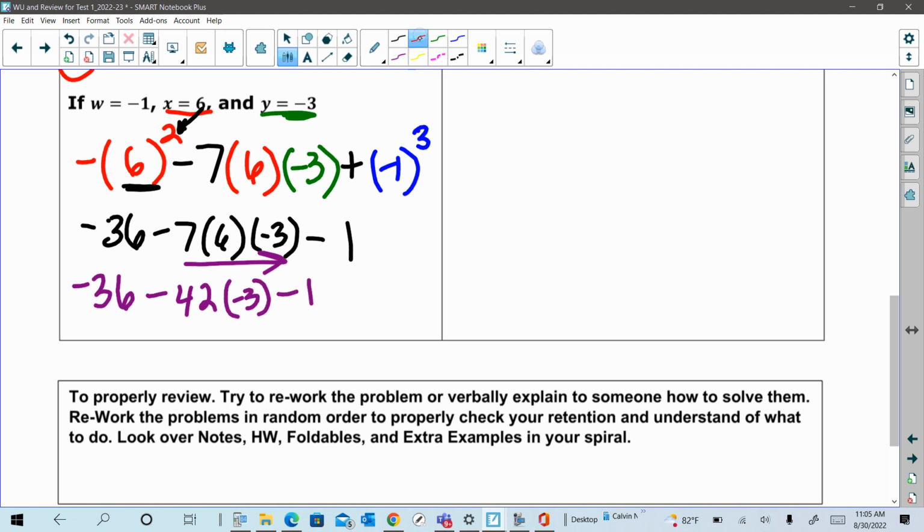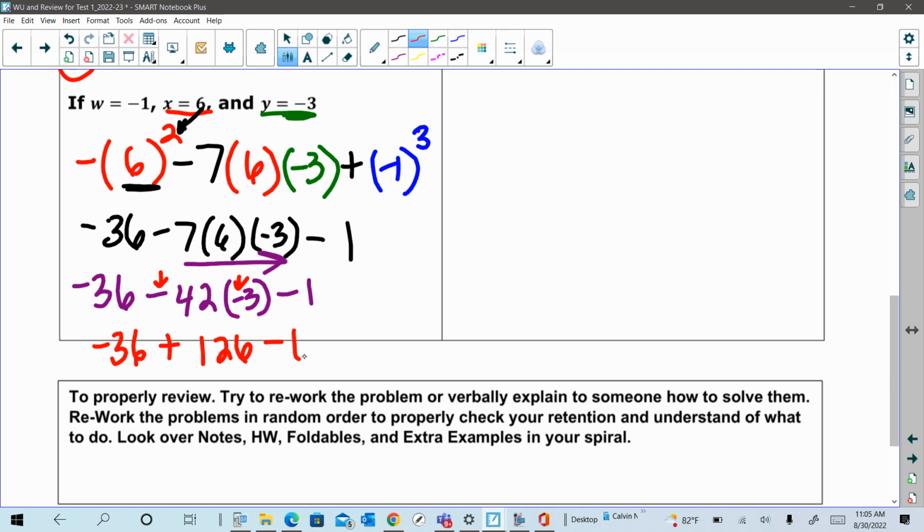Well, this is like saying a negative times a negative. Anytime you do a negative times a negative, what does it become? Positive. So this would be -36 plus a positive 126, and then -1.